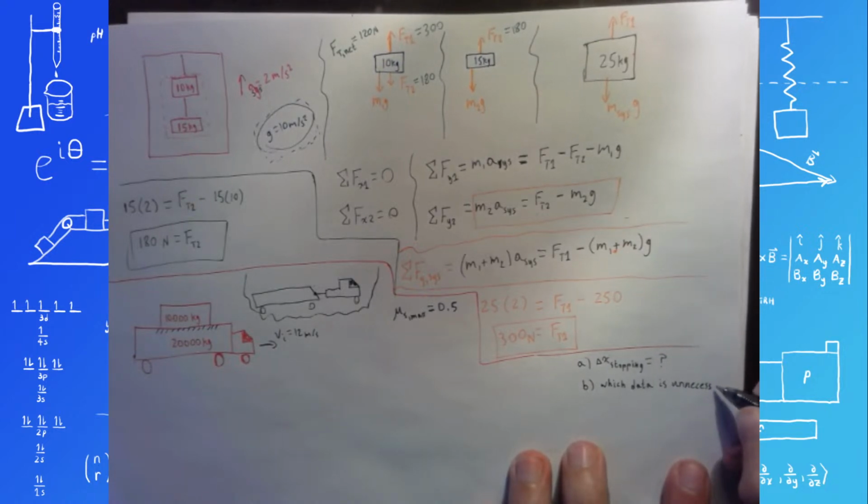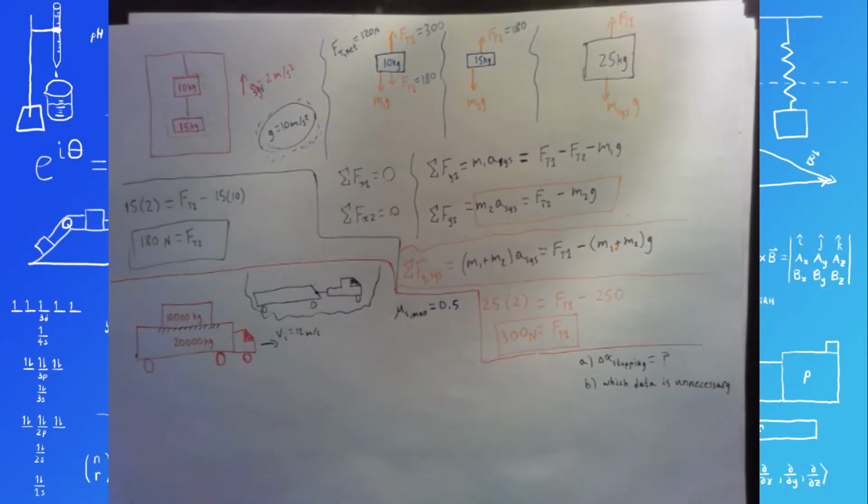This which data is unnecessary question is actually a very good one to have this early in the course, because it will help you adopt a certain mindset for physics. A lot of times in physics, you're going to think that you need some information that you don't actually need, and a lot of students will start panicking and not even attempt to solve a problem because they think they don't have enough info.